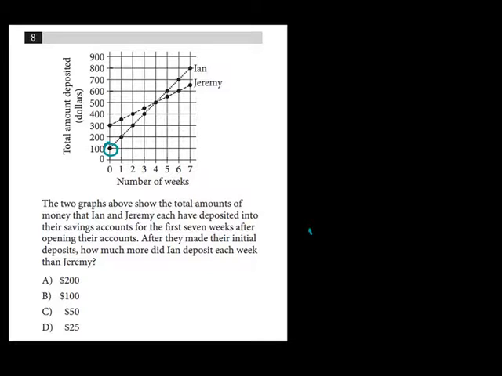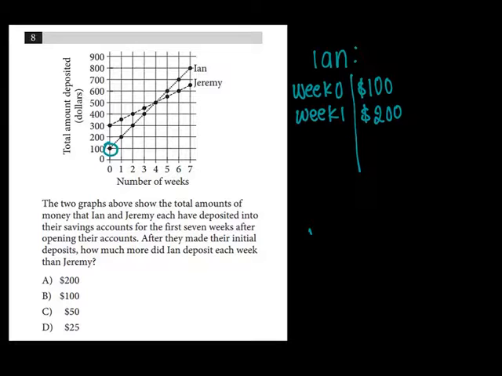And by the first week, we see that Ian has increased his deposit by $100. So we can see that each week Ian is depositing $100 more into his savings.